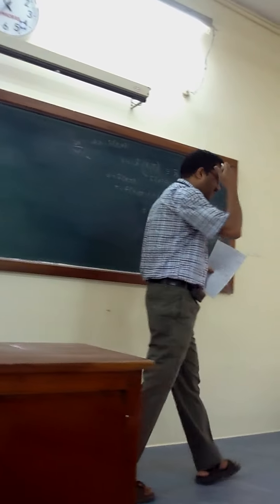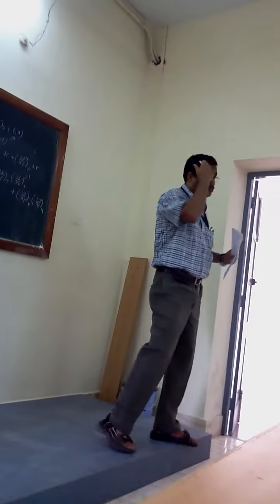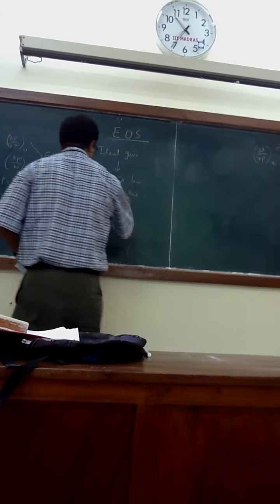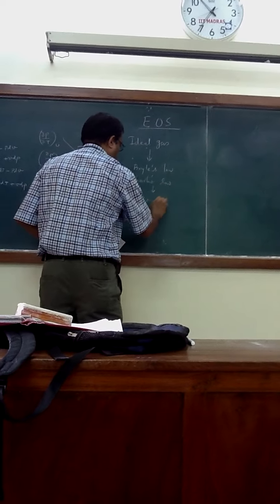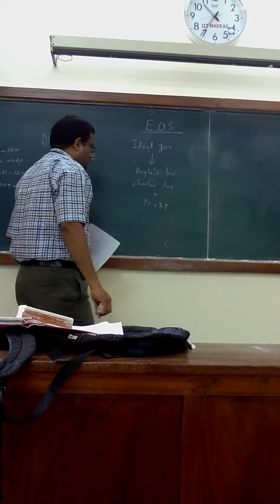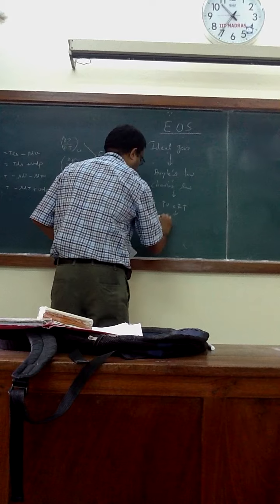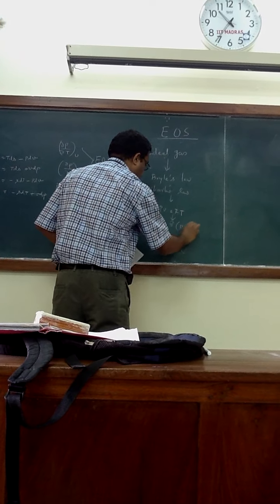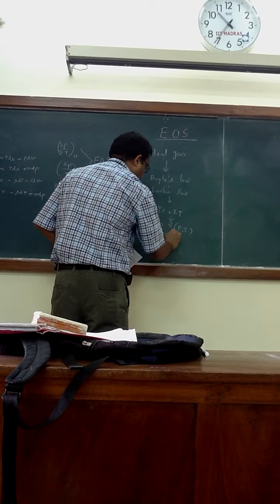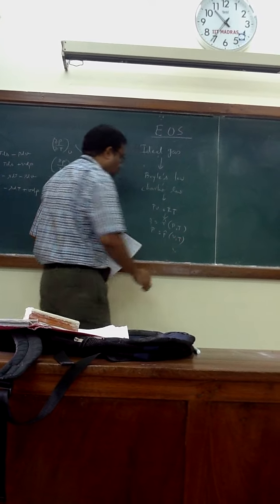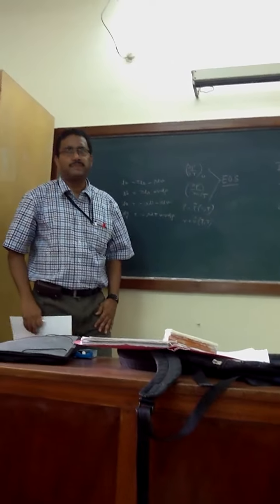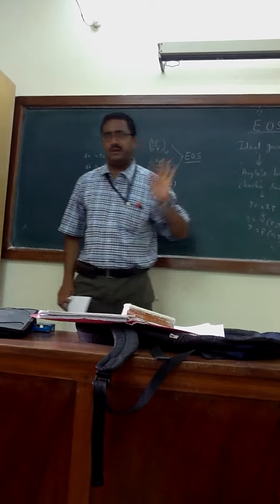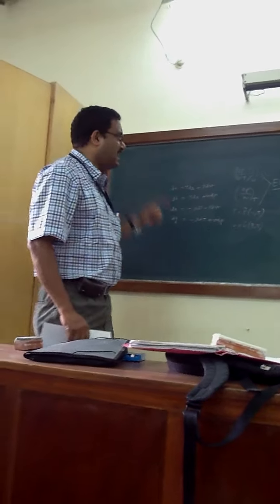One is saying V is inversely proportional to P, another is saying V is directly proportional to T, and from there we can get PV equals a constant. This expression you can write as V hat PT, or you can write this as P hat. So one functional form is available so far in our hand, which is valid for the ideal gas.